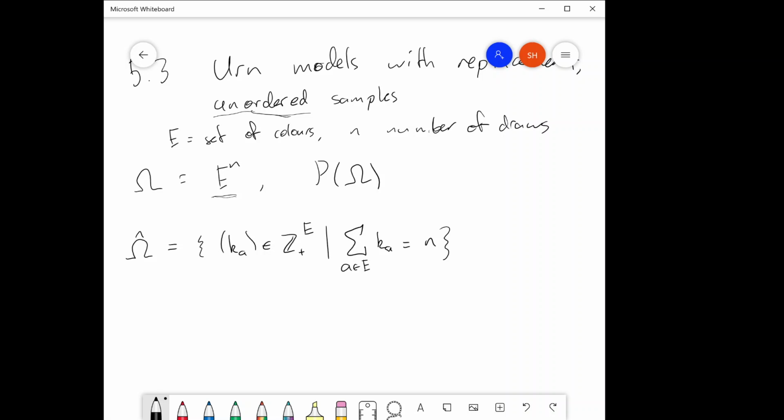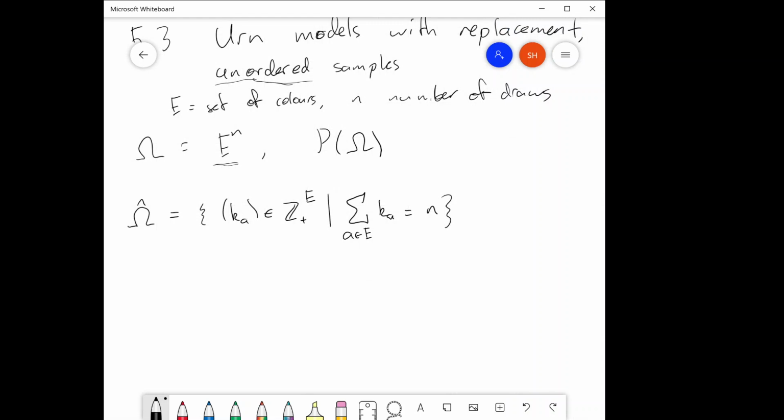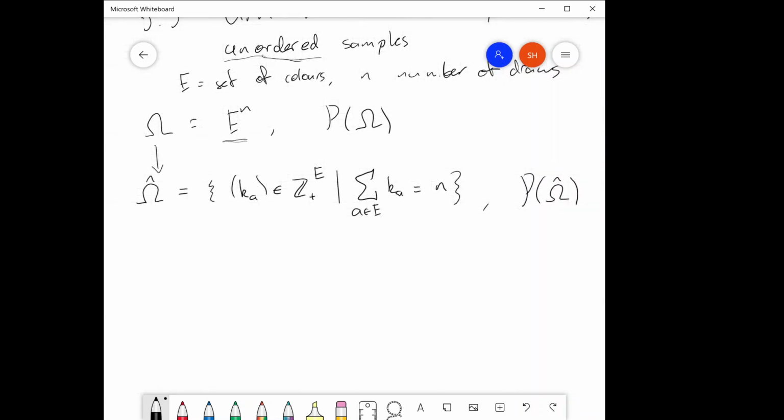So what's the natural probability measure on this space? Again, we'll equip this with its full sigma algebra, and we're going to construct another random variable that throws away information. Exactly as we did previously, we went from ordered where we care about the number to ordered where we just remember the color of the balls. Now we're going to throw away the order too. How can you do that?